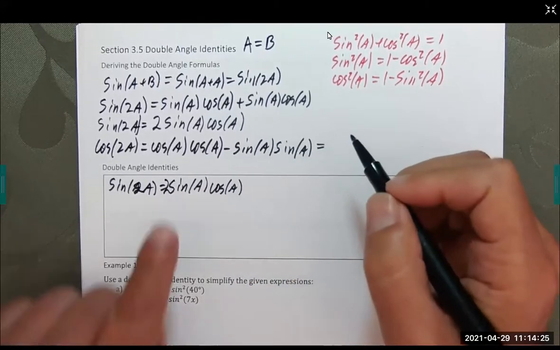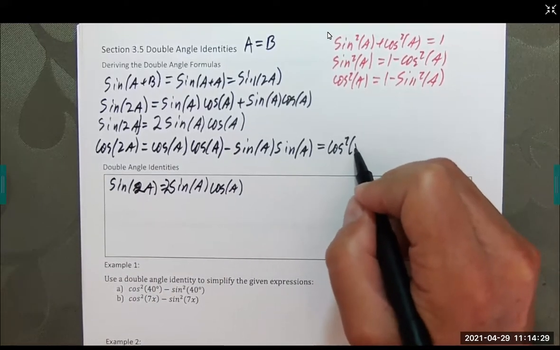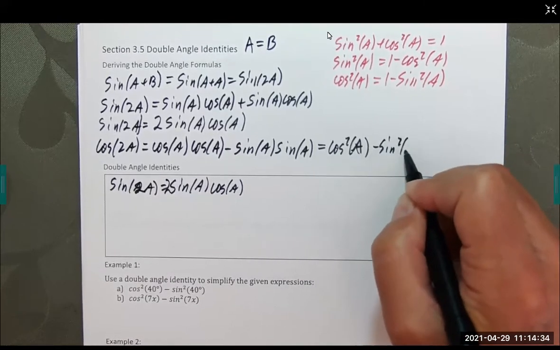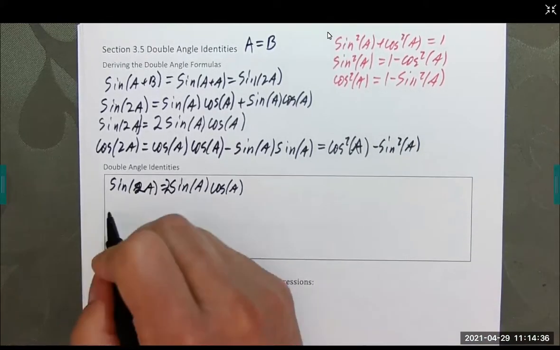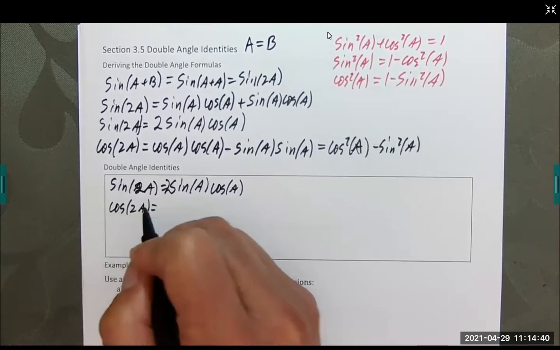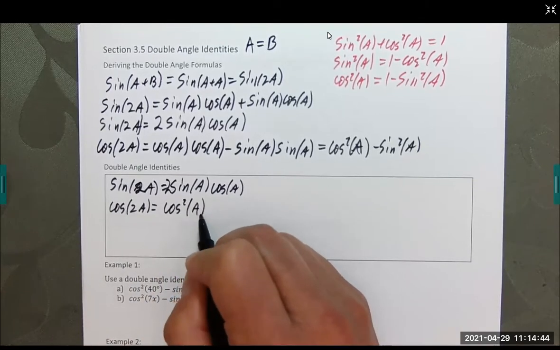You can see cosine times cosine is cosine squared, A minus sine squared. So cosine of 2A is cosine squared of A minus sine squared of A.